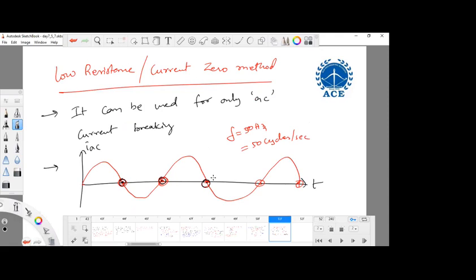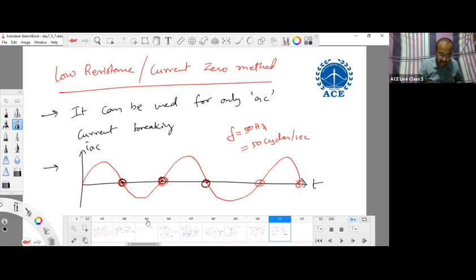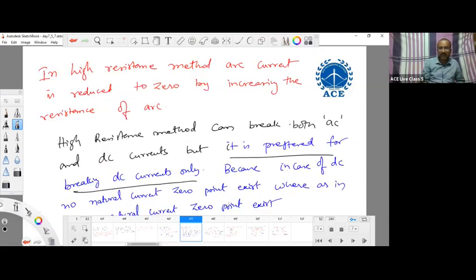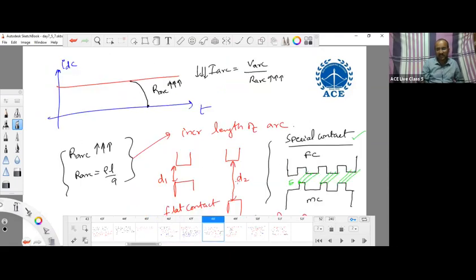Sir, can you once again tell the difference why it is preferred for DC and not preferred for AC? If you are using this high resistance method for breaking AC currents, the size of the circuit breaker becomes large.